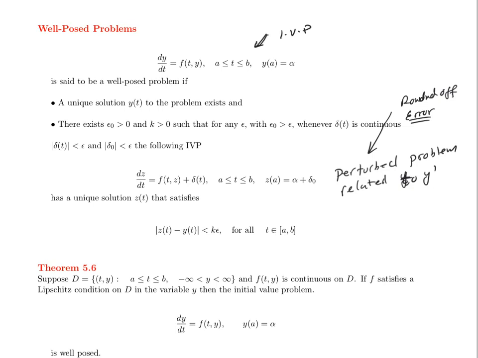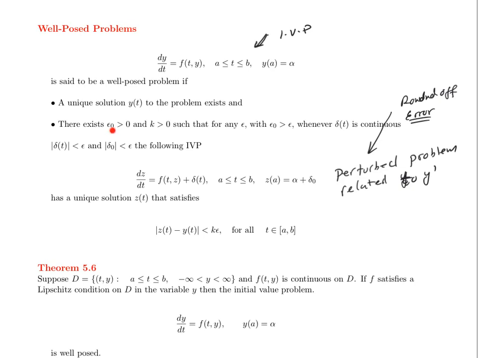So what are these delta t and delta 0? Well, delta t is a continuous function whose absolute value has to be bounded by epsilon, where epsilon is any positive value, okay? And also delta 0 is bounded by that.